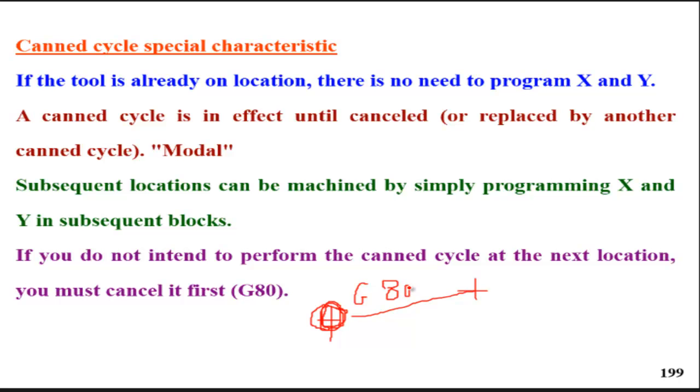Otherwise, whenever the tool goes to the second location, it will create the same canned cycle which was created in the original location. So if you don't need that action, you have to cancel the canned cycle by using G80.